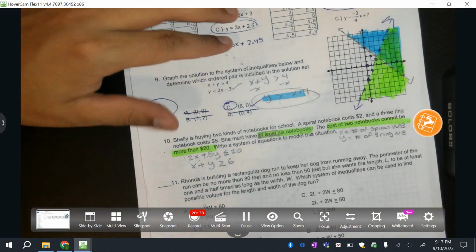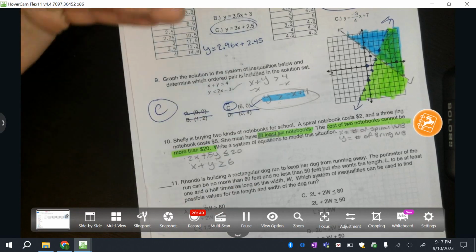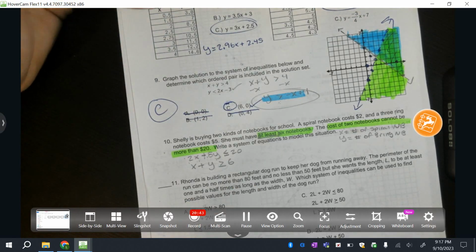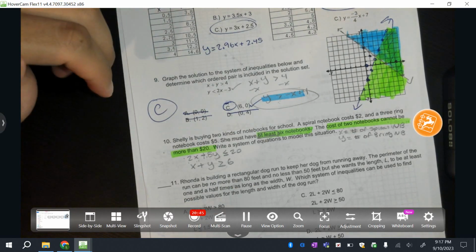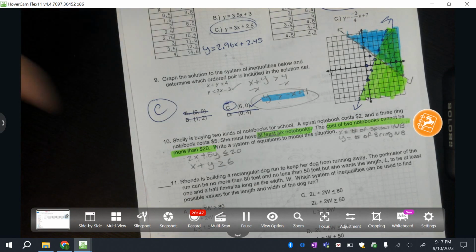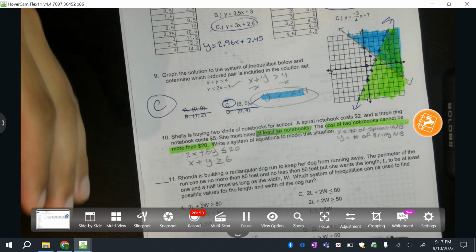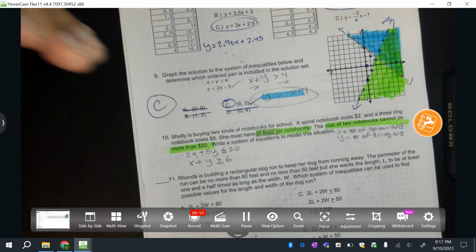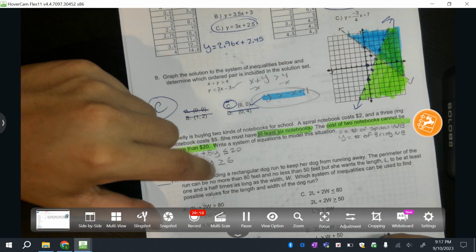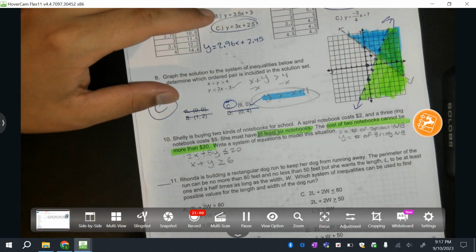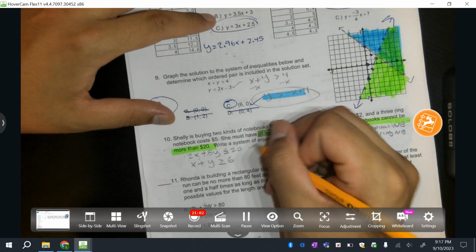At least is saying that you want a minimum of 6 notebooks, but you could have more than that. For example, if you go to a fair ride, they might say you have to be at least 5 feet to get on the ride, but you could be more than 5 feet. So it's 5 feet or greater, so greater than or equal to. Alright, so we got a system.